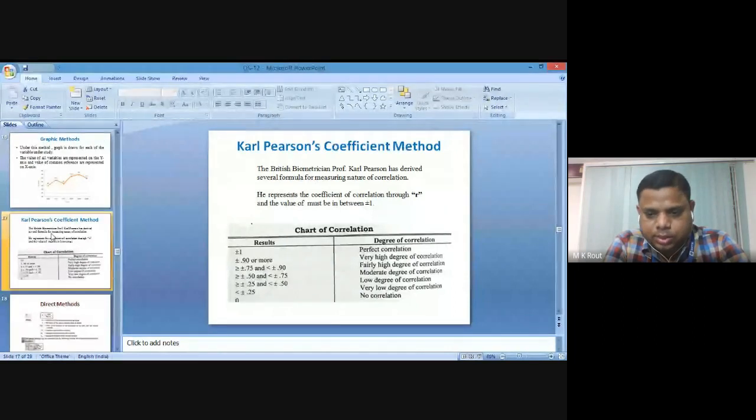I direct you to note down the first one, positive or negative 1, where the degree of correlation is perfect, and the last one, 0, which represents no correlation. These two values are included in your curriculum, and the rest are for your observation.